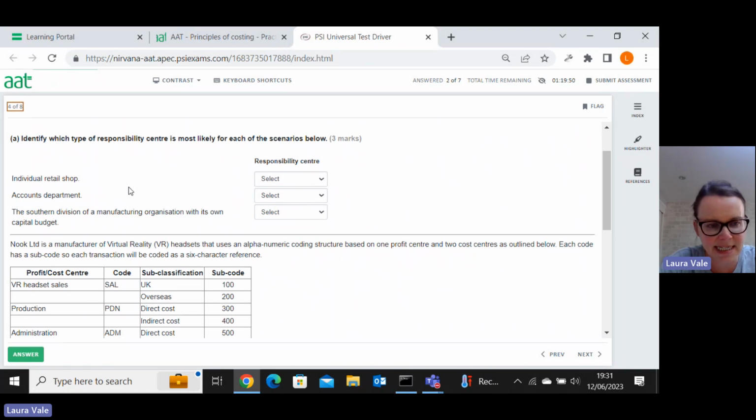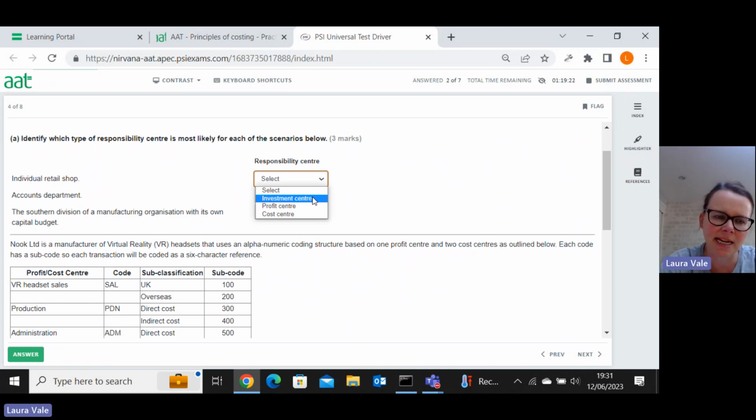Right, so if it's an individual retail shop, it's between profit and investment. You've got like the whole business.